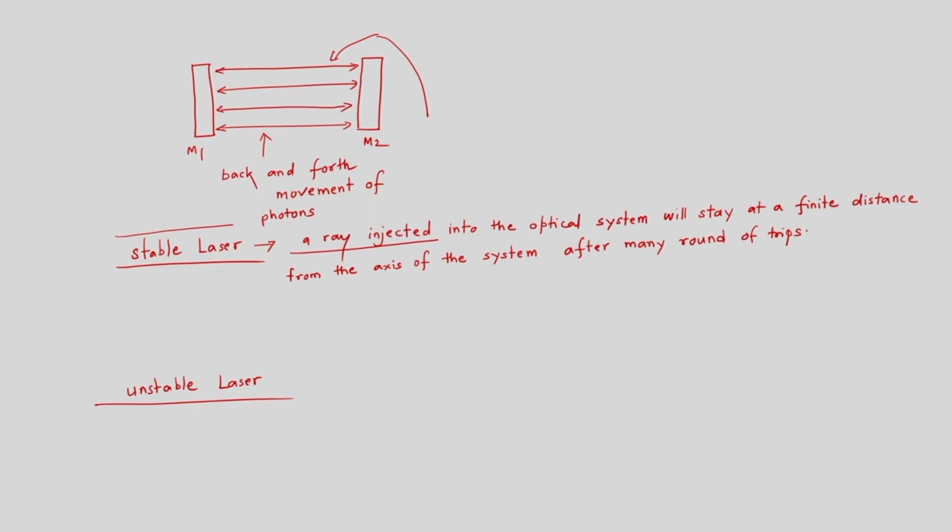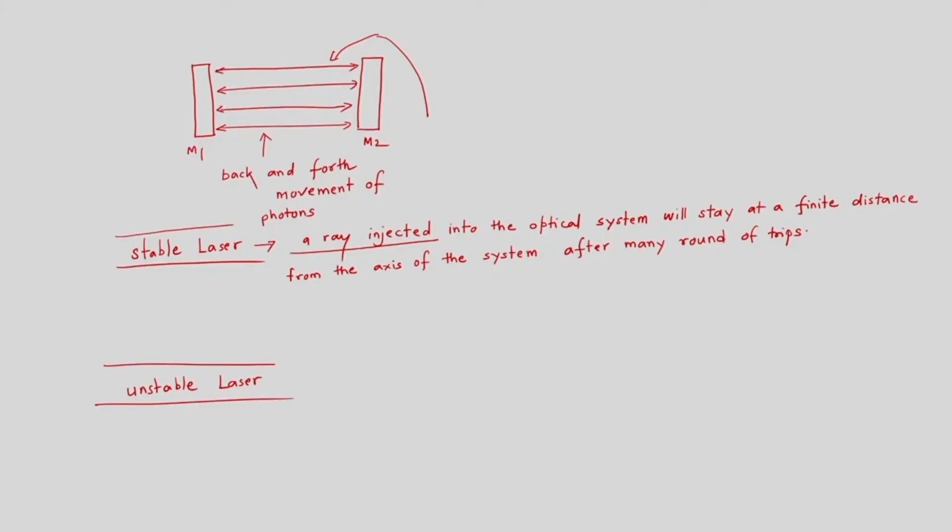But when we consider a high power laser, when we want to have high output from a laser system, then we are applying more excitation energy, excitation mechanism, and the rays which are coming out, which are getting diverged from the axis of the system, that energy, those diverged photons, we have to collect them and then we can use them for our intended purpose.